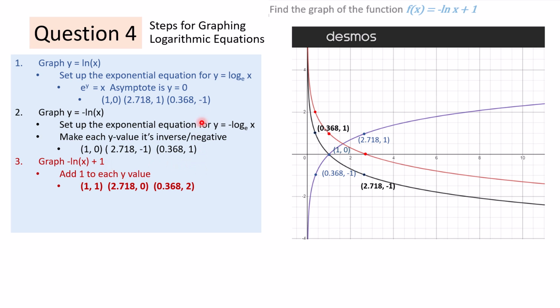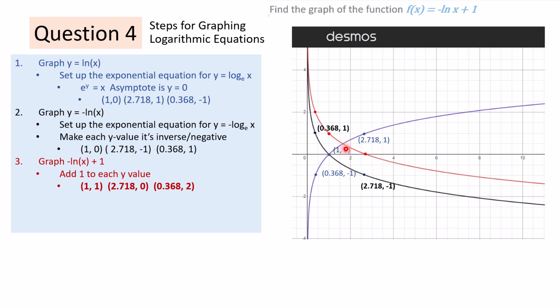We're not going up and down. I'm sorry, we're not going left and right. We're going up and down. So where we had a 0 here, we're going to add 1. Okay. So let's start right here, and we're going to go up 1. Okay, so that's going to be 1, 1 right here.